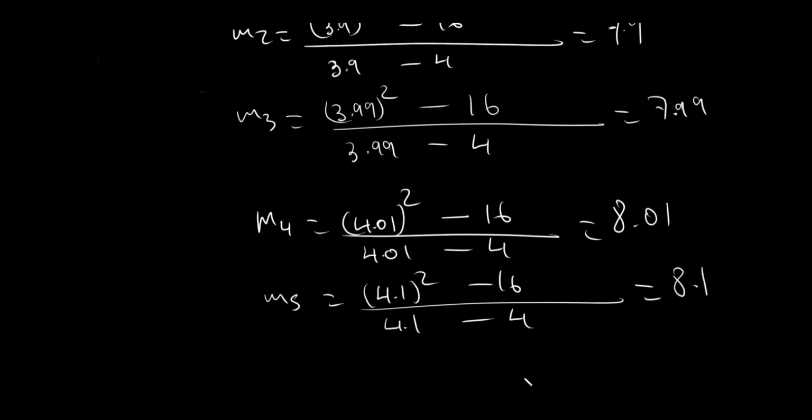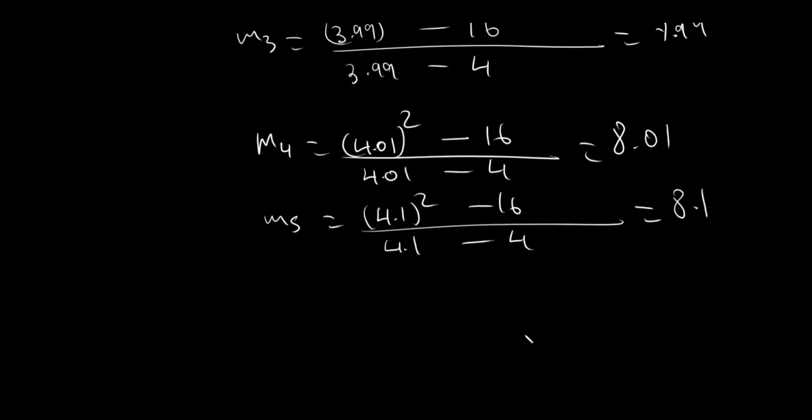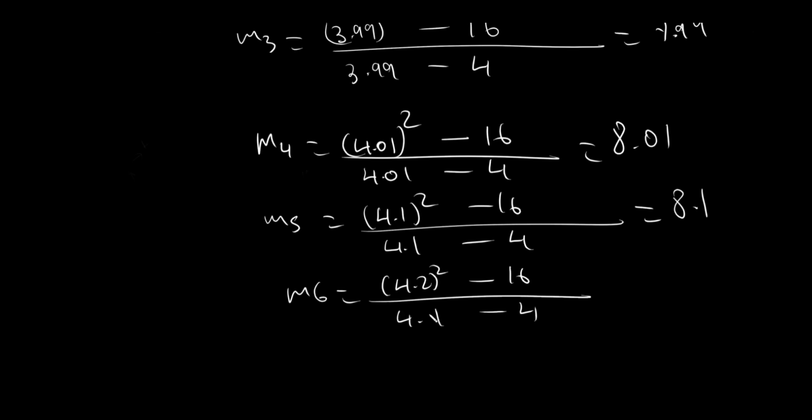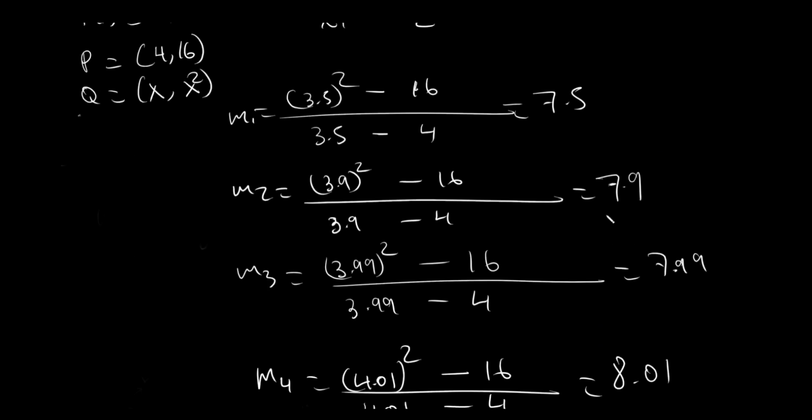And last but not least, 4.2. I think I'm being a little exaggerated with 4.2. It might be a little too far, but it's fine. This is 4.2 squared minus 16, over 4.2 minus 4. So let's take my calculator and find the answer. 8.2.